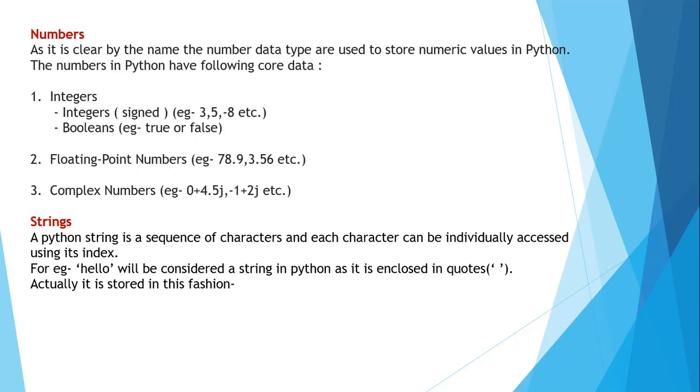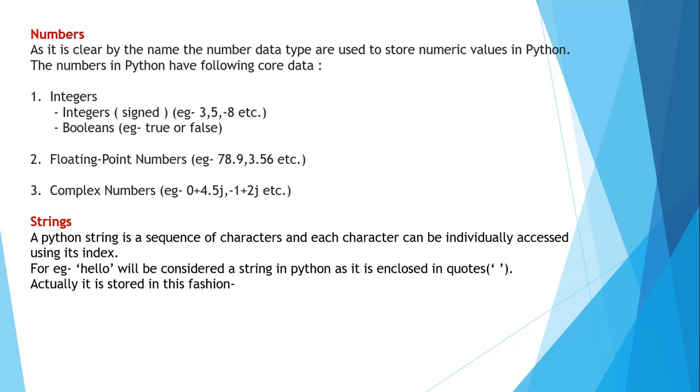For example, if you say hello, this hello is in quotes, and if quotes are there, it is obviously going to be a string data type. So hello will be considered a string in Python as it is enclosed in quotes. Actually it is stored in this fashion.